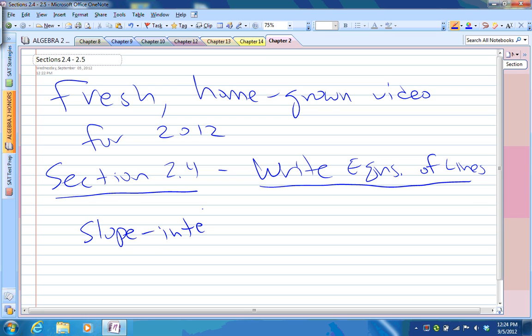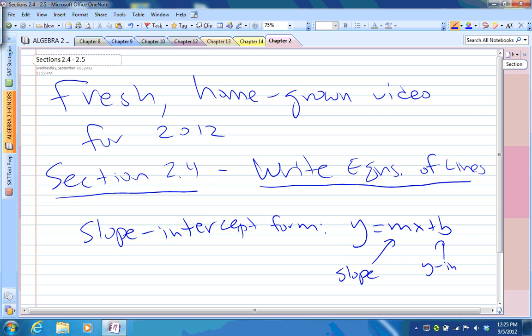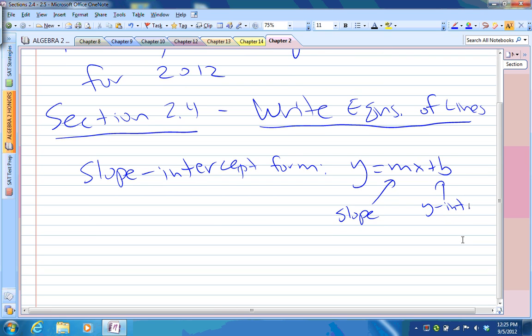Slope-intercept form is the following: y equals mx plus b, where m is the slope and b is the y-intercept. Another form that's good to know is point-slope form.